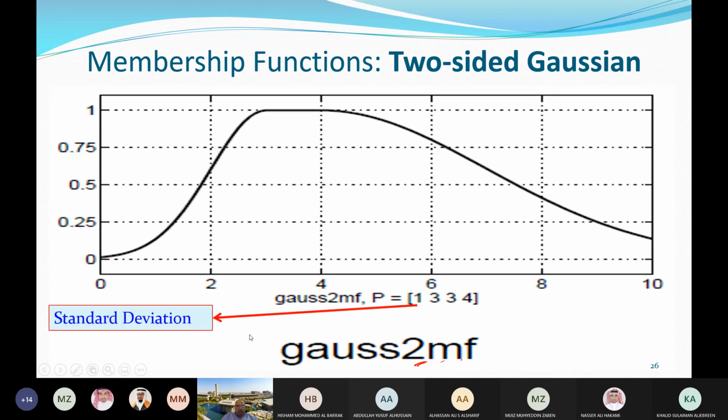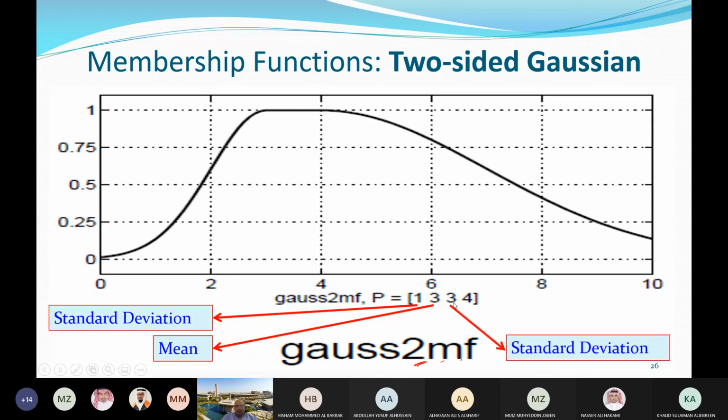So you have the standard deviation of the first and mean of the first, which is 3, and the standard deviation of the second Gaussian and the mean of the second Gaussian, which is 4 here. If you complete this one as a Gaussian, it will be as such. So the mean of the first is 3, the mean of the second is 4. So you can have such a shape.